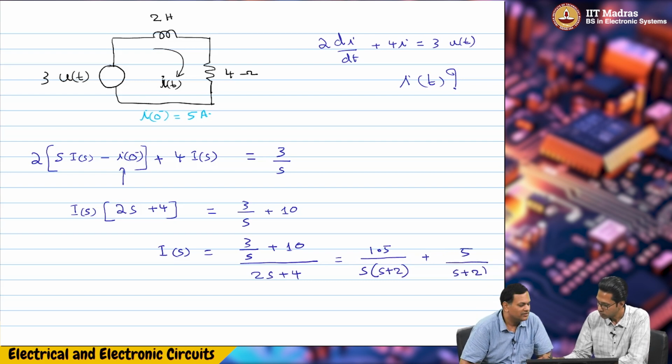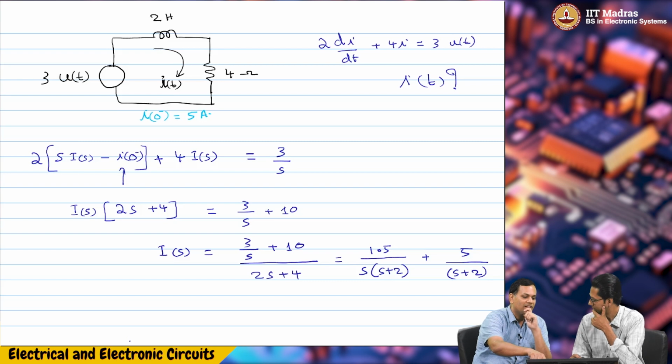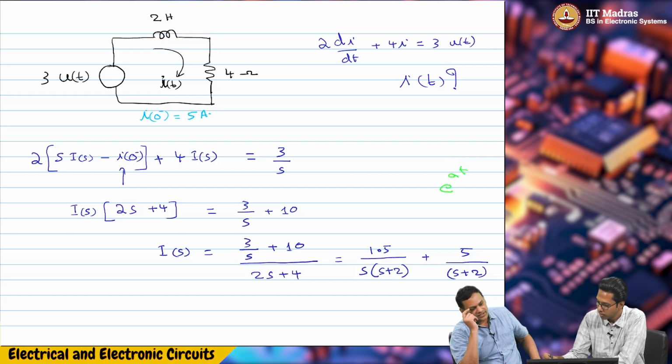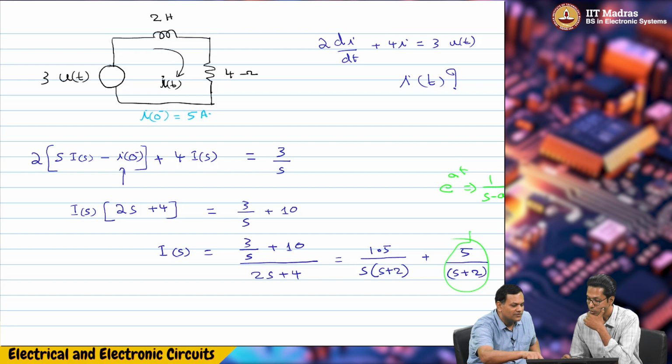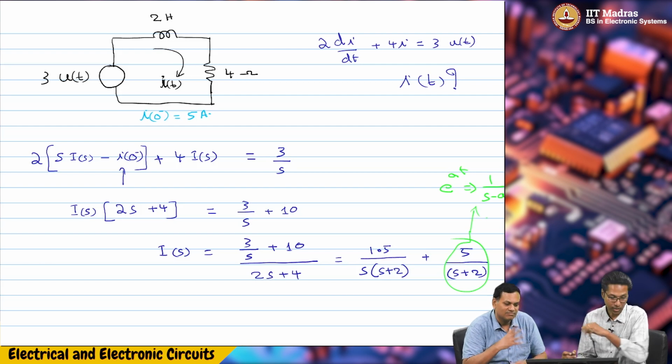Okay, this looks better. e power a t has the Laplace transform 1 by s minus a, so we should be able to use that here, because a is minus 2. So 1 by s plus 2 will be e power minus 2t, times 5 in the numerator. So 5 e power minus 2t, that we can do.